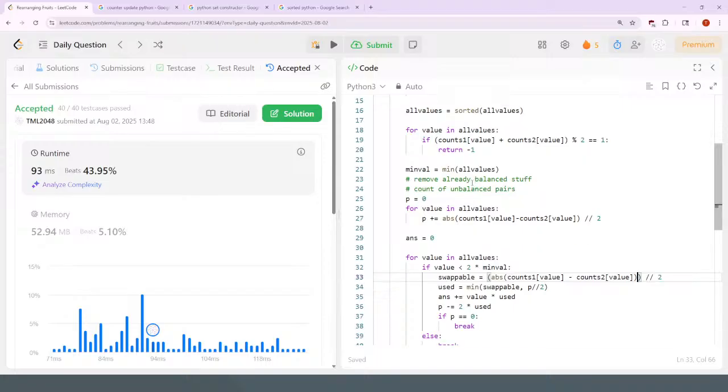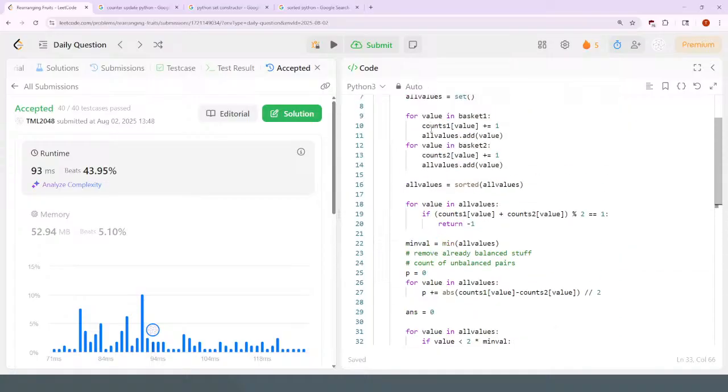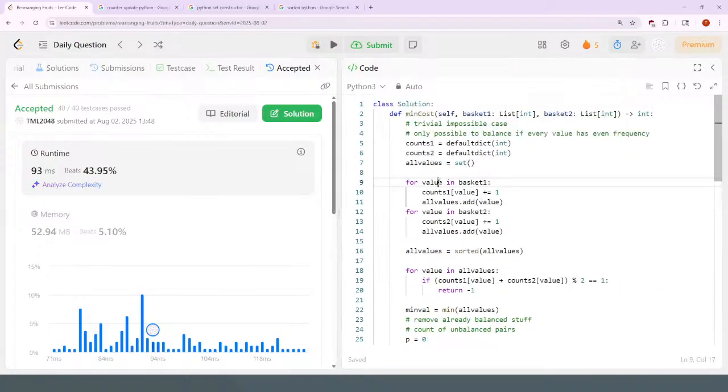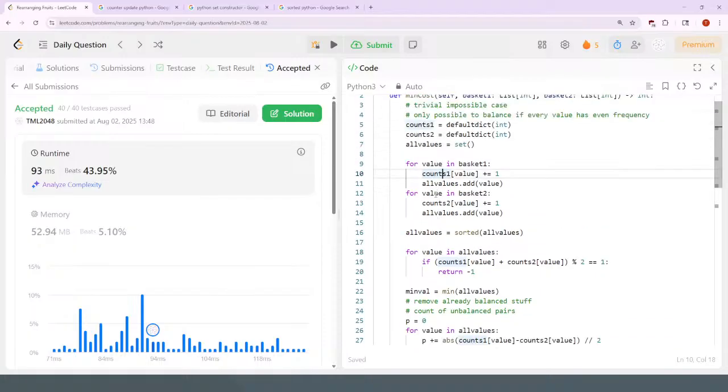Slight improvements. I mean, slight increases in percentage, but probably pretty drastic time performance improvements. For every value in basket counts, I think maybe I can even make this better here. Because I just need to know the difference, right? I don't need to know the actual placement of where they are.